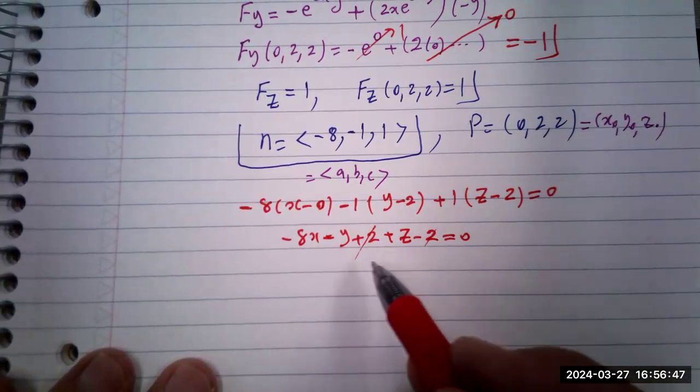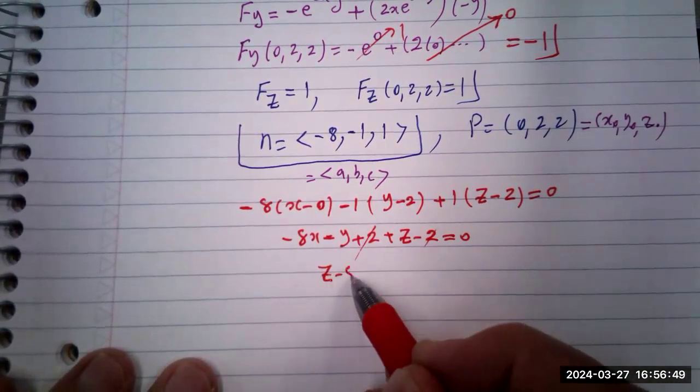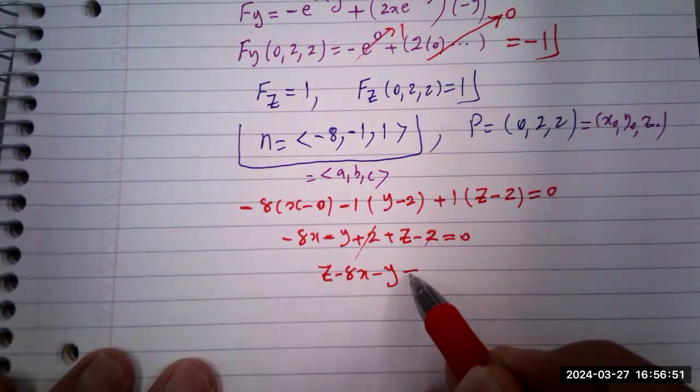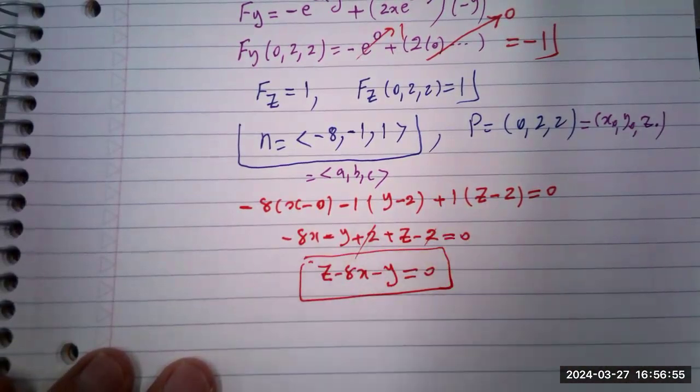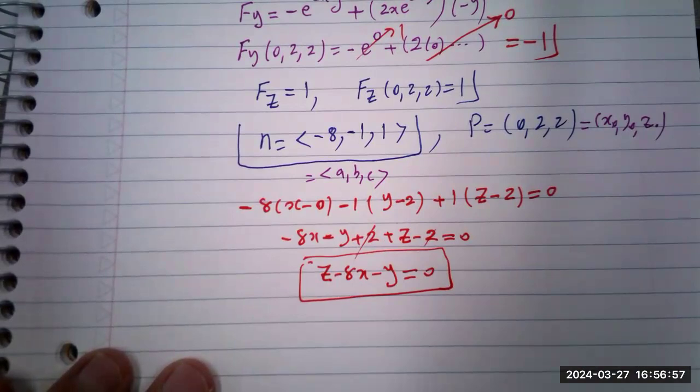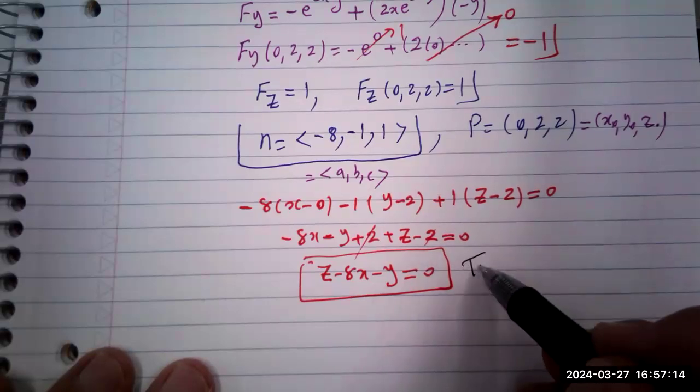So basically you are going to have z minus 8x minus y equal to 0. That gives you the equation of the tangent plane, and you're done. Any question? Just do it step by step to get this one through. We are not done. This is the tangent plane.